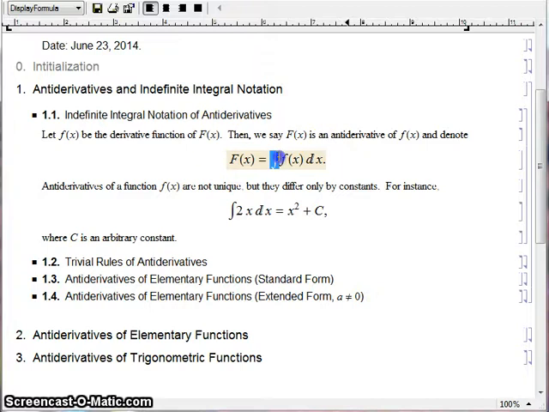This symbol over here is the integral symbol, and it always comes with dx, just like opening and closing parentheses. And the function that we start with comes in the middle, and we call this function the integrand. The variable of the integrand, x, must match this x of dx, and also the variable of the antiderivative function.